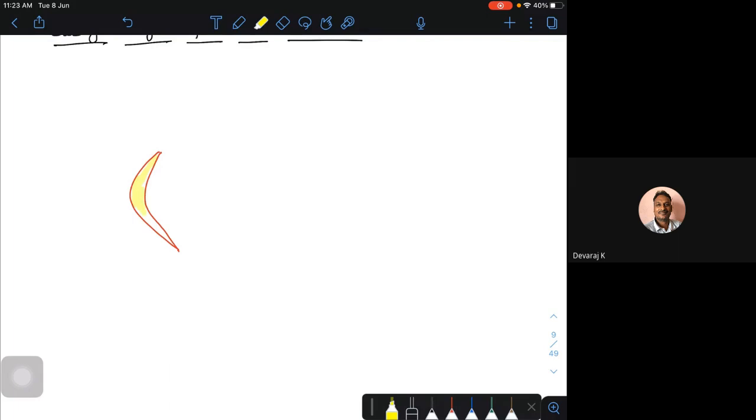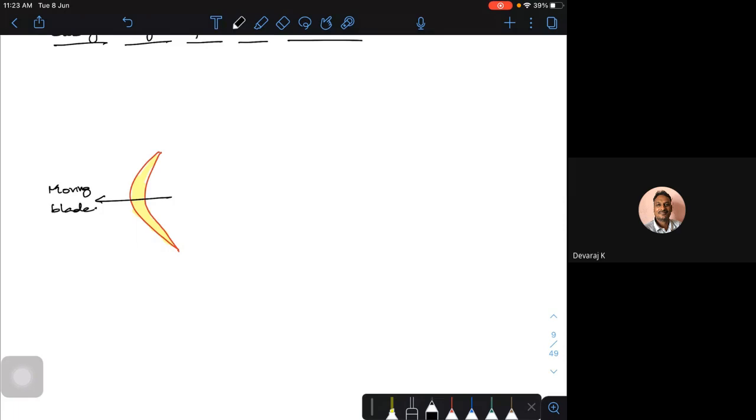This is my rotor blade, a moving blade, which is moving in this direction.